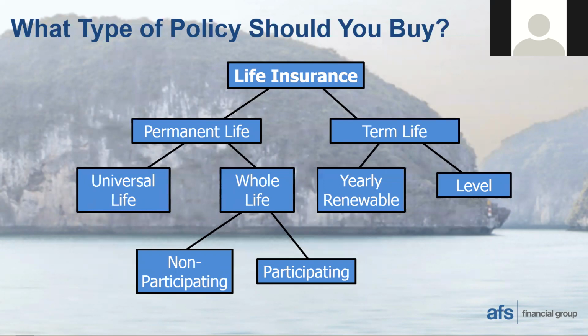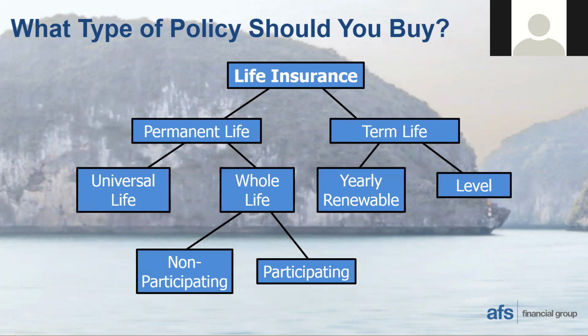With term policies, the premiums are typically level, so you'll pay the same annual premium in year 1 that you would in year 20, as in the example I gave. There are some versions called annual renewable or yearly renewable, where the premium goes up a little each year as you age. But for the most part, folks get level premium term life insurance policies.